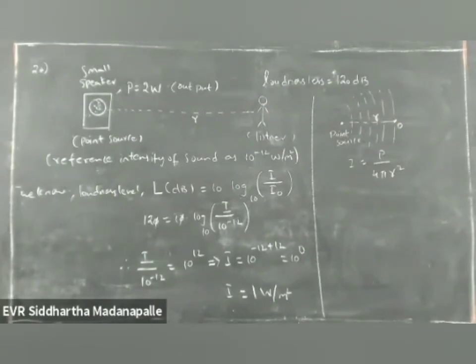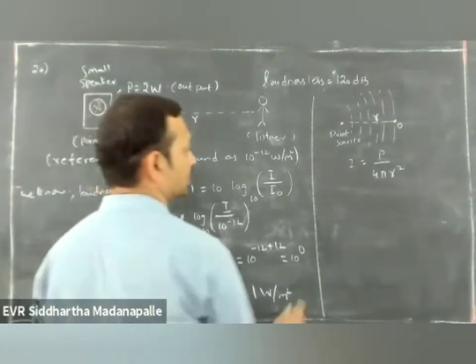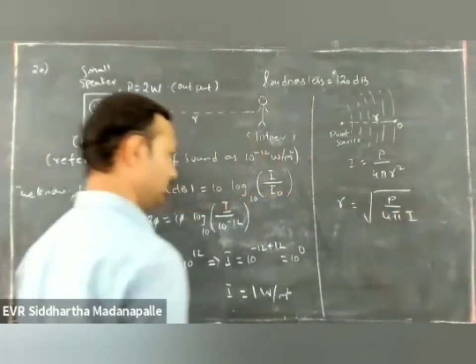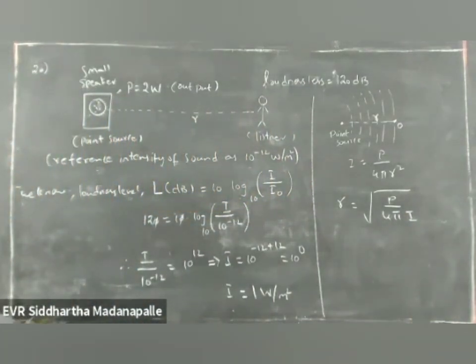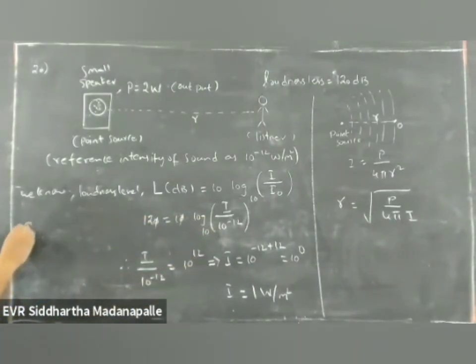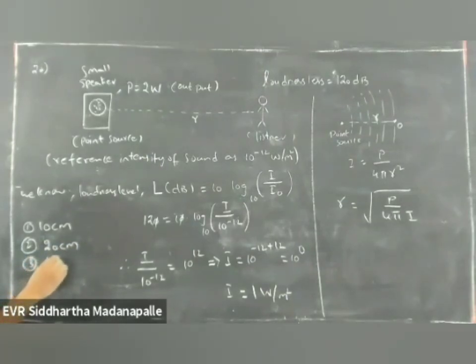Now substitute, we have to calculate the R value. R square, R is equal to root of P by 4 pi into I. Options: సెంటీమీటర్ ఇచ్చారు, మనకి ఏదైతే వాల్యూ వస్తుందో అది మీటర్ లో ఉంటుంది. ఆప్షన్ 1 10 సెంటీమీటర్, 20 సెంటీమీటర్, 40 సెంటీమీటర్, 30 సెంటీమీటర్. అప్రాక్సిమేషన్ గా చెప్పండి.